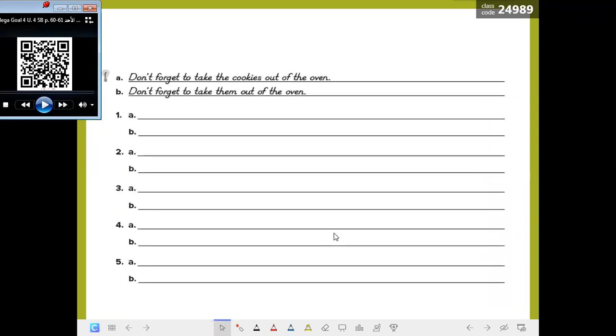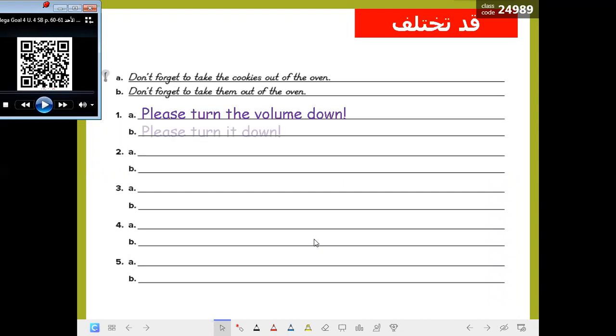these are the sentences for all these pictures. As you see here, for the first picture, we can say, please turn the volume down. And here the phrasal verb is turn down, and we use the volume as an object between turn and down.